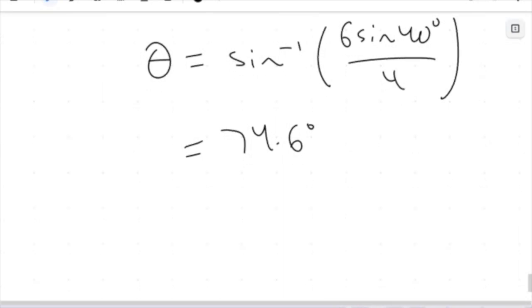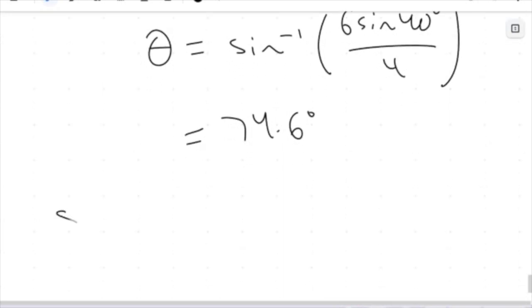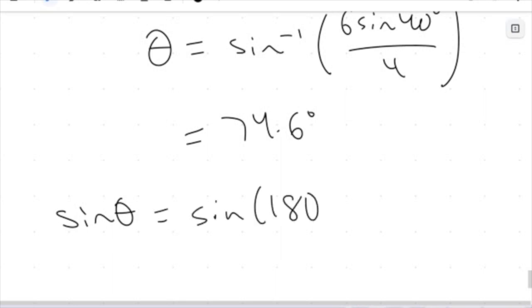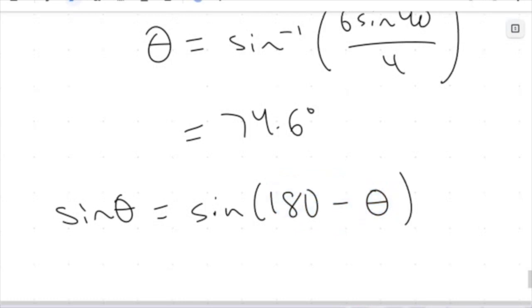Now, remember, for possibly obtuse angles, I can have this relationship when I use sine: the sine of some angle theta is going to give me the same ratio for another angle of 180 minus that theta.